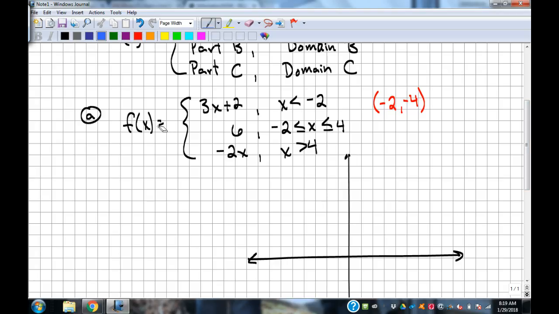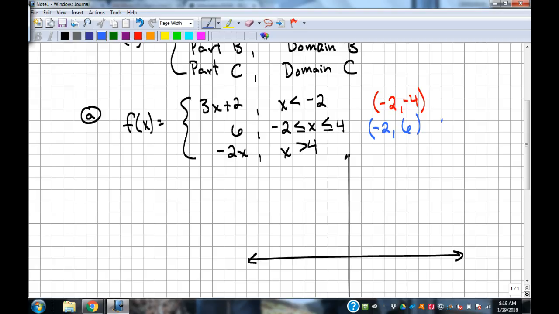The f of x equals 6 when x is -2 to 4. That's what that says. What's the important points there? Less than 4, but more than -2. So if x is -2, what's y? 6.